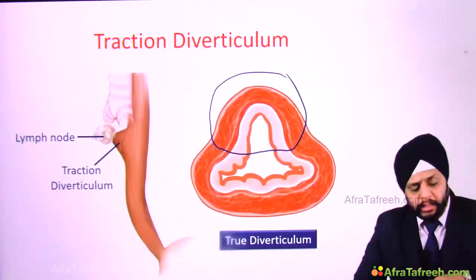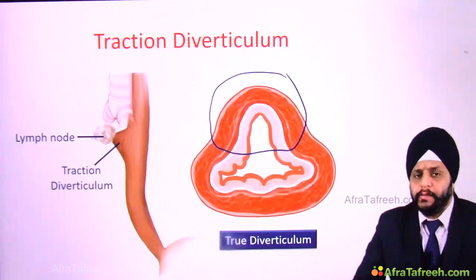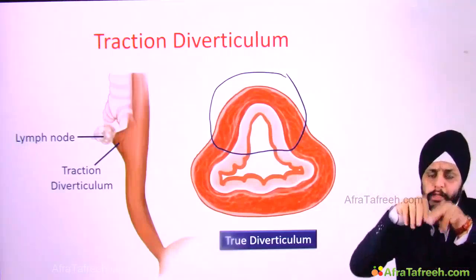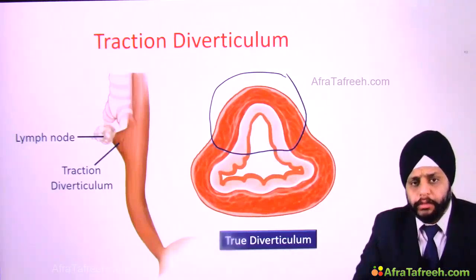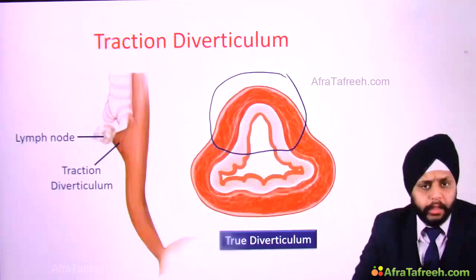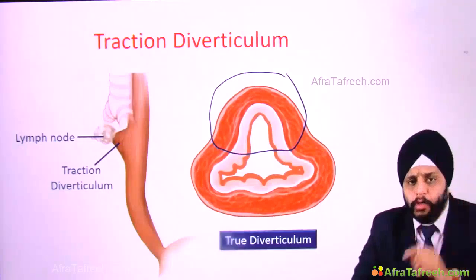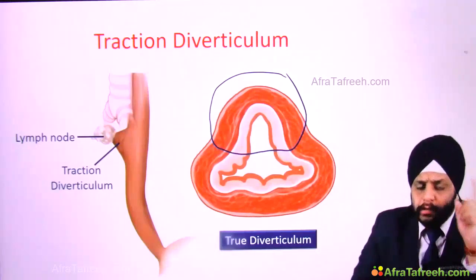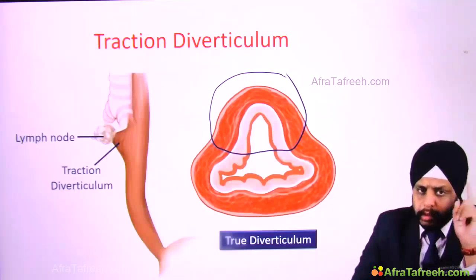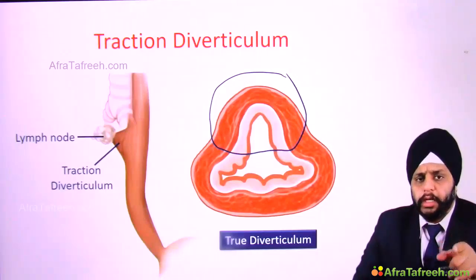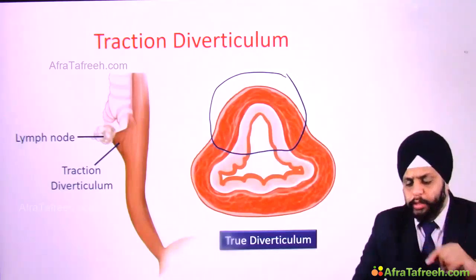However, the Zenker's diverticulum we discussed goes between the layers of cricopharyngeus and thyropharyngeus, so it does not have the muscle in it. It is a pseudo diverticulum. So Zenker's diverticulum is a pseudo diverticulum. The traction diverticulum that I have shown you here is the true diverticulum.